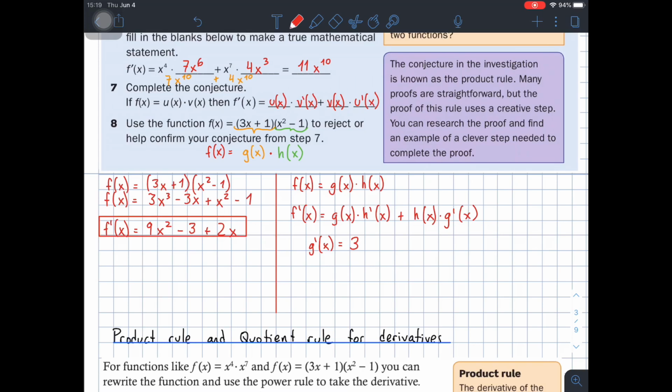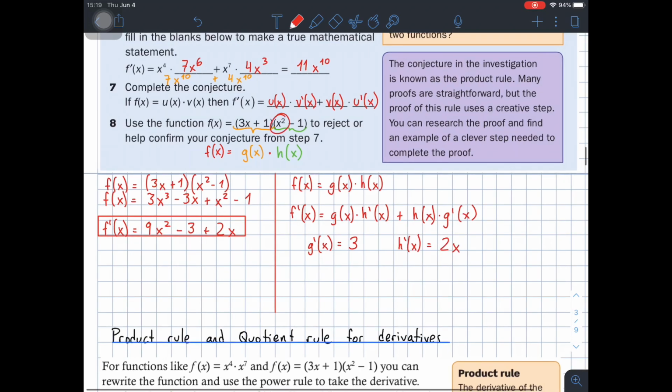And h prime of x is equal to 2x, right? The derivative of x squared is 2x. The derivative of negative 1 is 0. Okay, so once I have all of the elements I need for my formula, I will insert that here.